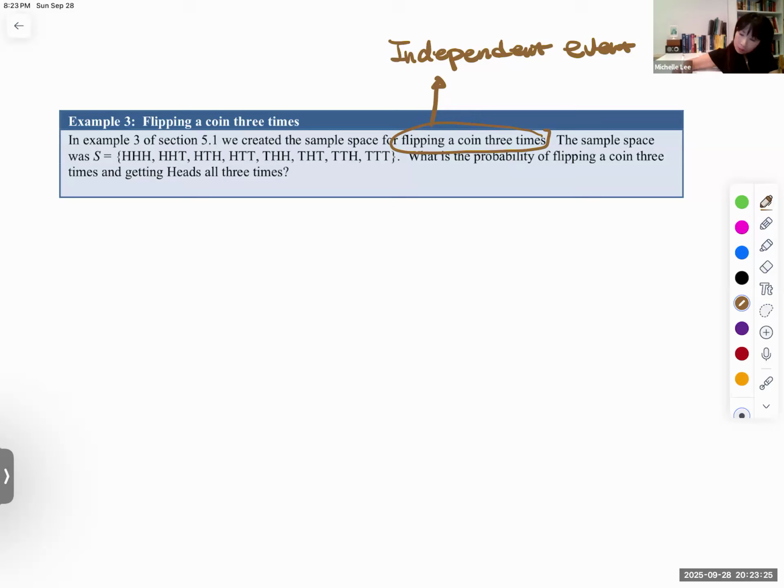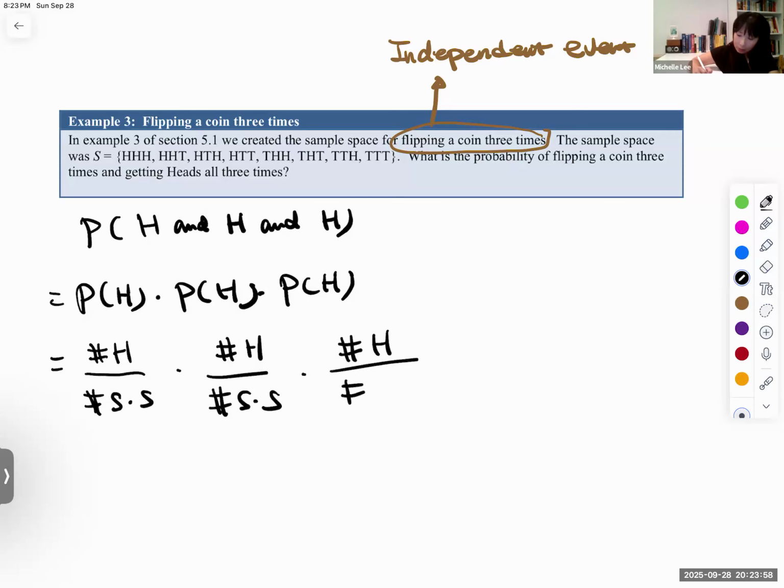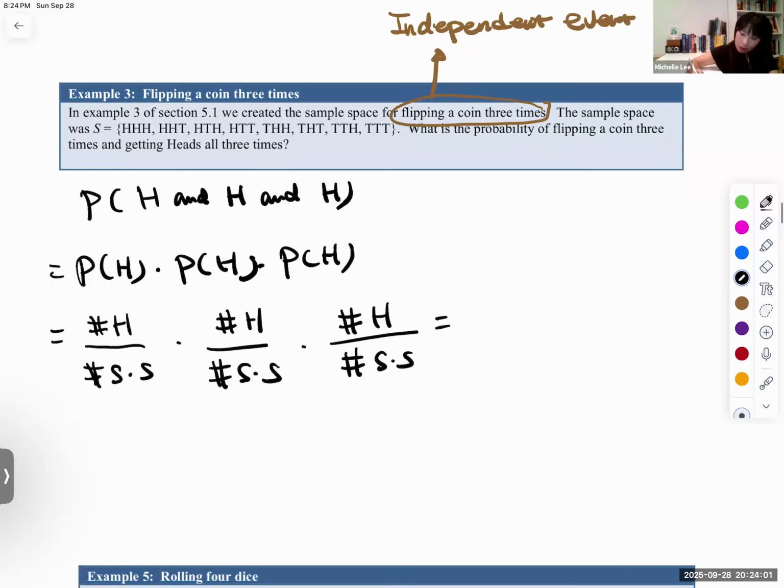Okay, we want to answer all 3 times head and head and head. So that is the probability of head times the probability of head times the probability of head. What is the number of getting head out of the sample space?